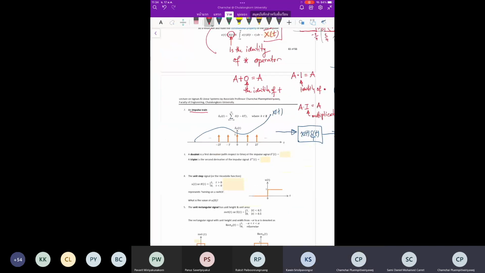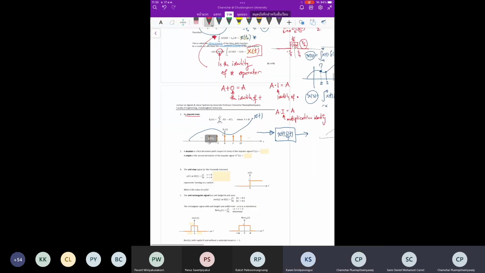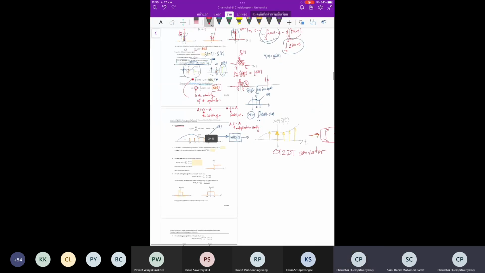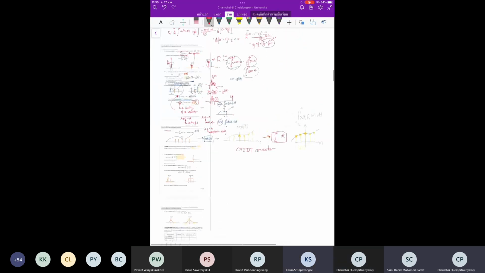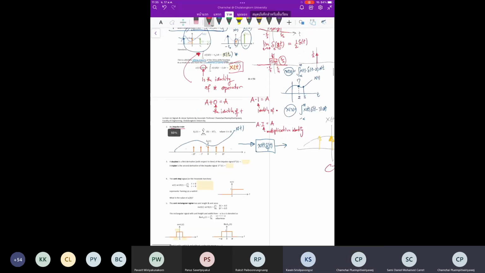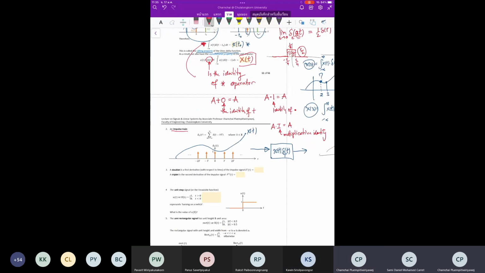Can I see the next one? What's left again? There was an equation on the most left graph. The sampling after you convert it.